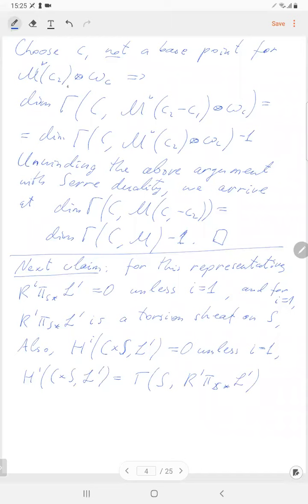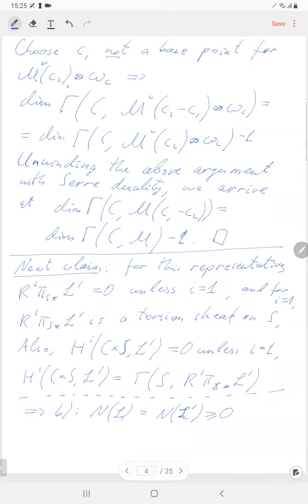Okay, so we'll prove this claim momentarily, but first let me note that it implies point B, this positivity. That is, the defect of L, which equals the defect of L prime, is non-negative.